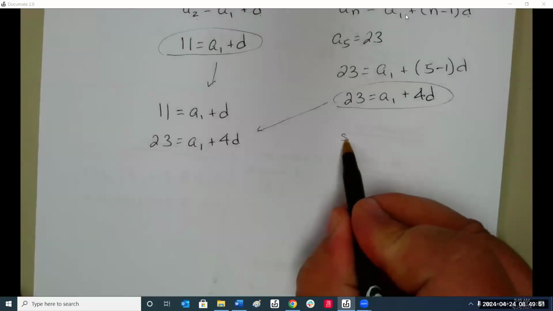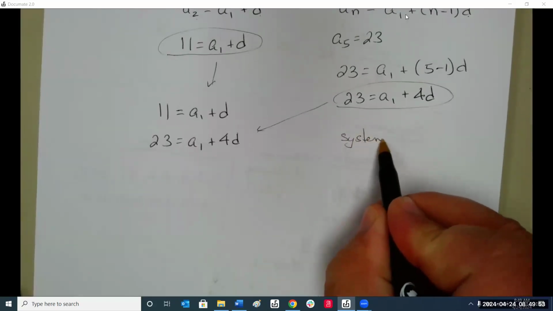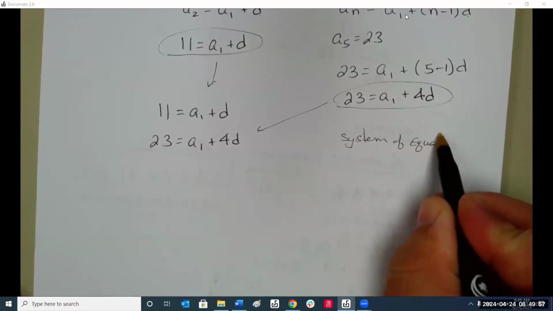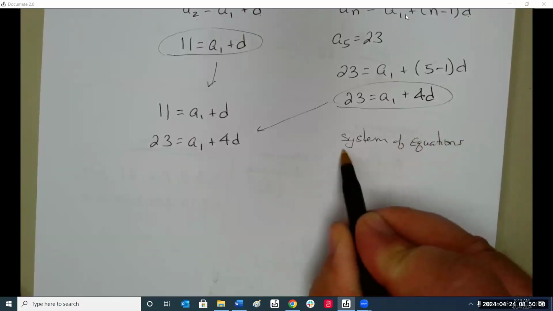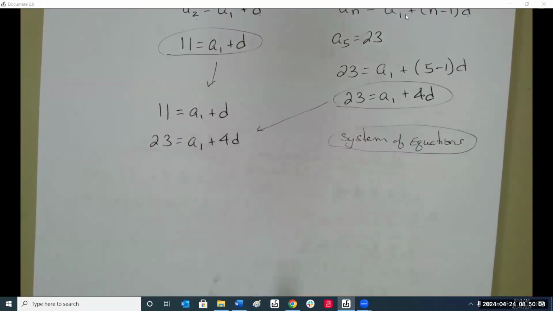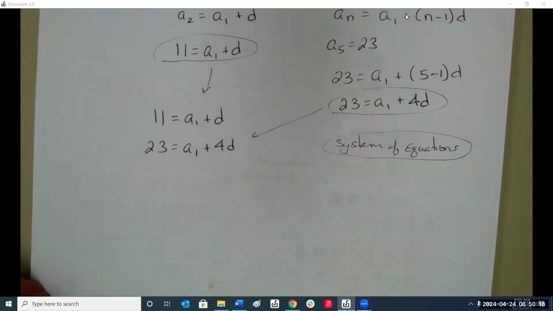This is called a system of equations, because we have two equations with two unknowns. Any ideas?